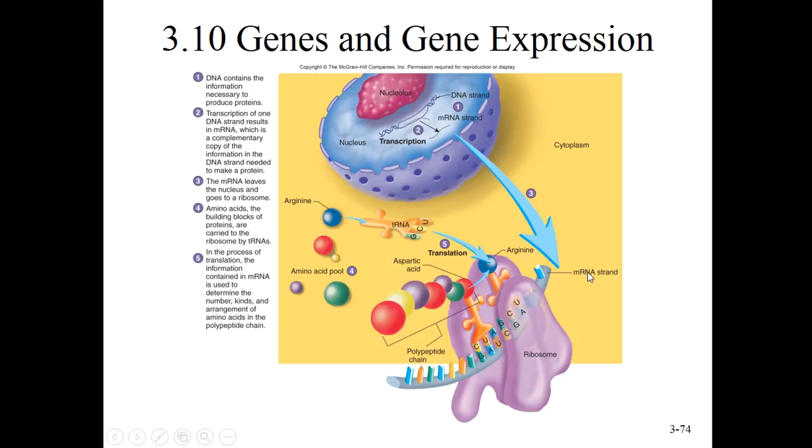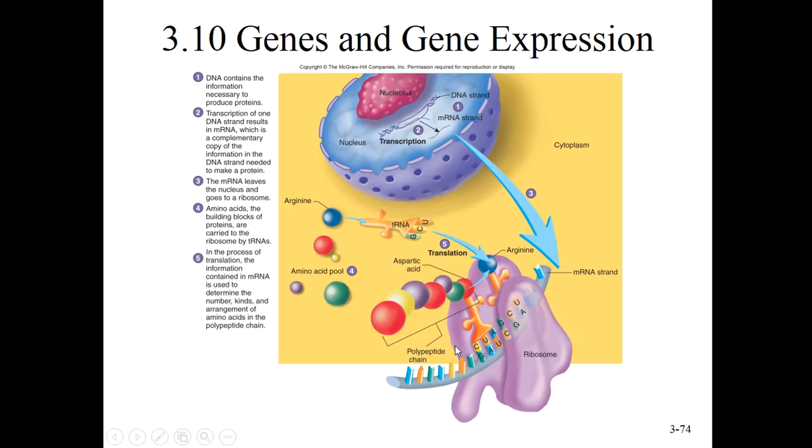So we have messenger RNA, ribosomal RNA, and transfer RNA, not surprisingly made of the same G's, A's, U's, and C's. The transfer RNA has a unique code on the bottom that is complementary paired with the unique code on the mRNA strand.